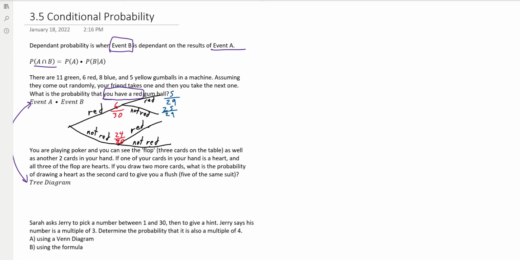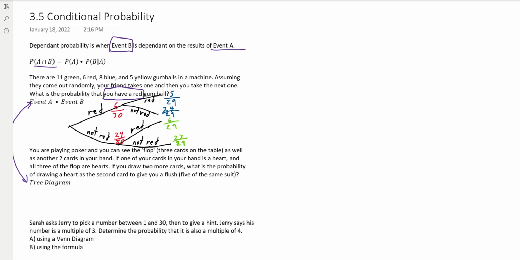If, on the other hand, he chooses not a red one, and then you want to pick a red one, you get 6 out of 29 are red, and 23 out of 29 are not red. Actually, I think I made a mistake here. This should be 24 out of 29. There you go.